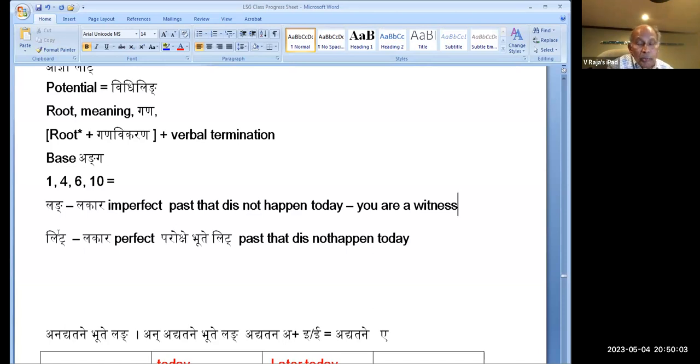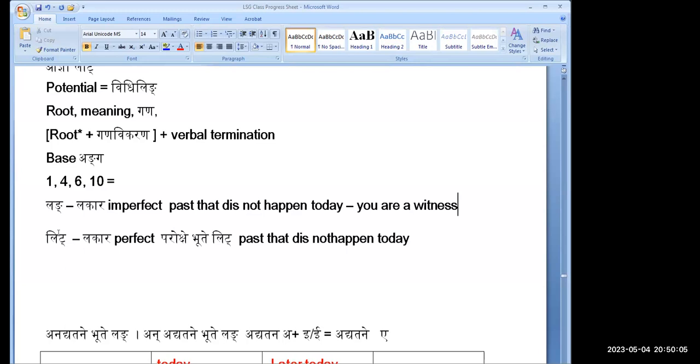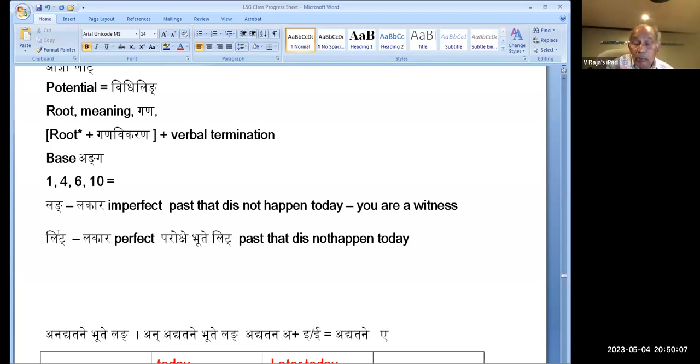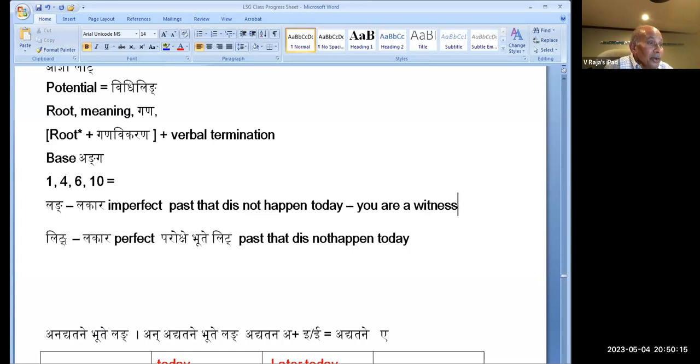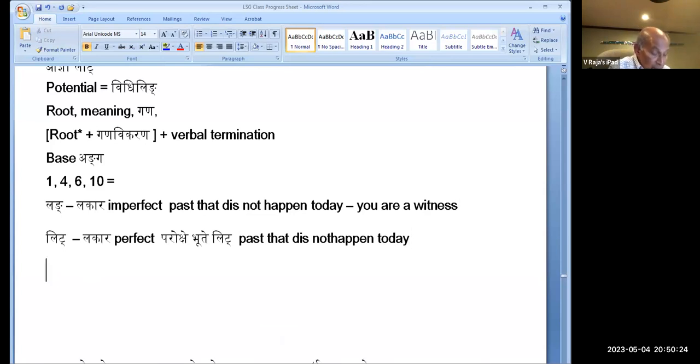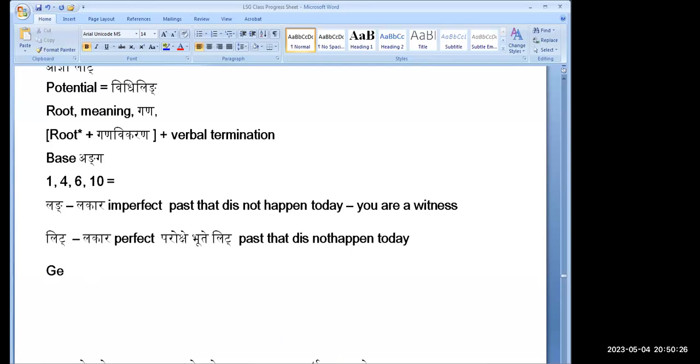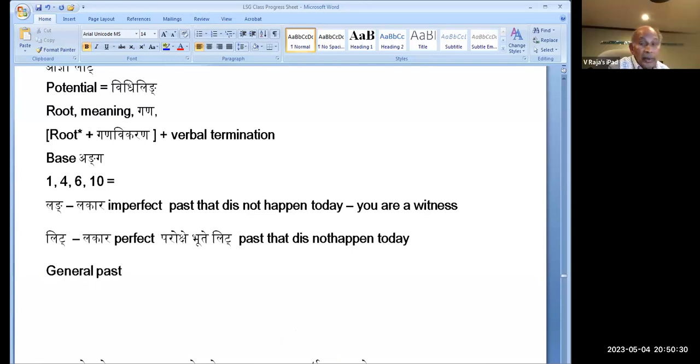If you look at your book, part 2, 6.9 is almost 150 pages. I was reading that while I was asking the question. Deriving these is very easy. But there is another general past, and that is very complex.